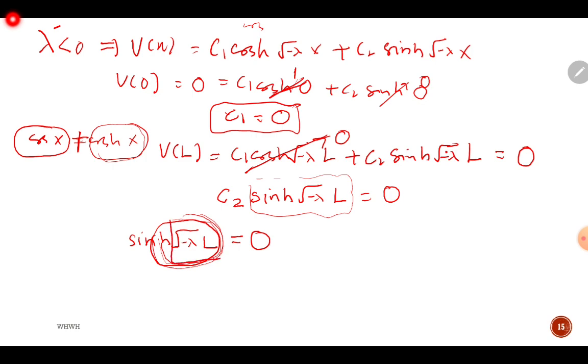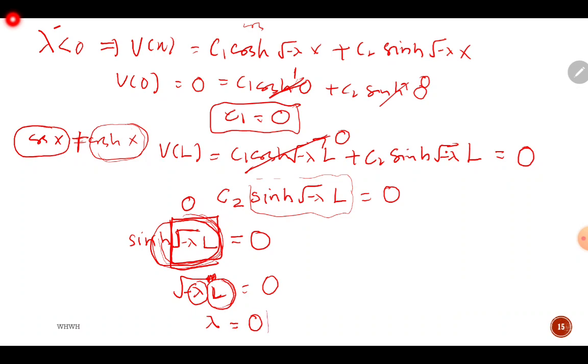Benda ni, there are sama ada L ataupun root of minus lambda ni yang akan sama dengan kosong. Okay, that will make the function 0. Sinh ni should be equals to 0, maknanya square root of minus lambda L should be equals to 0. L ni impossible ada kosong sebab is a period kan, dia punya panjang, the length of the interval of the function. So that means that lambda should be equals to 0.